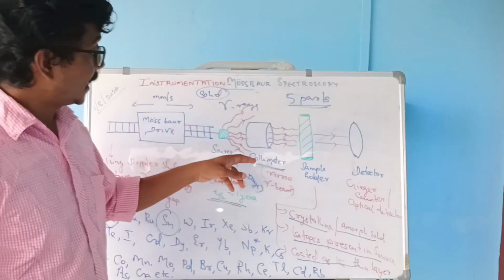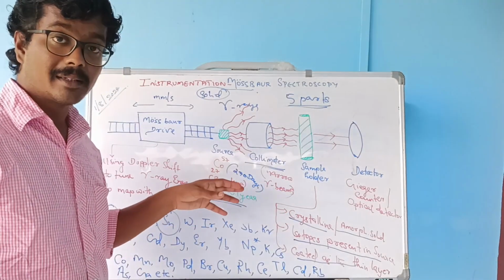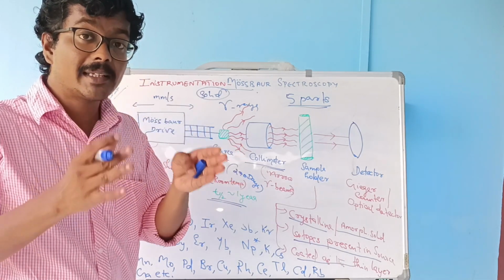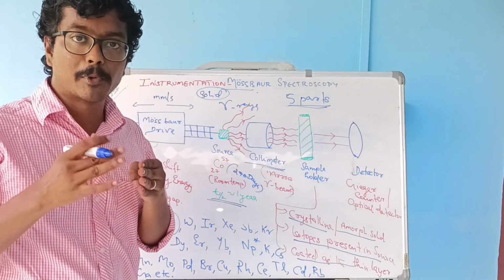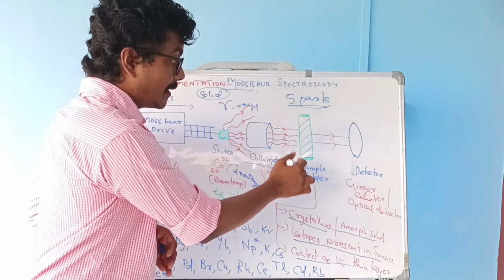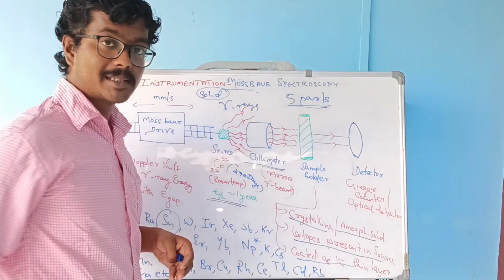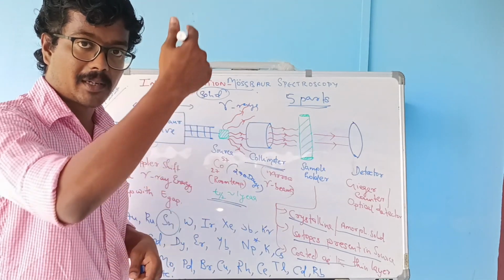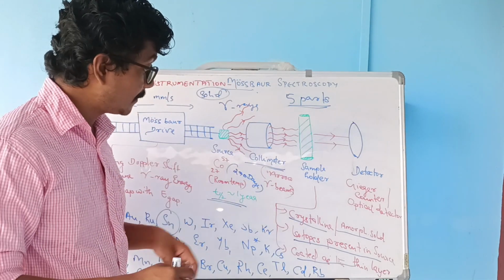And the third one is the collimator. The collimator filters the gamma radiations and produces narrow beams. This narrow beam strikes and is absorbed by the sample. The sample is kept in the sample holder as a thin layer over the surface of the sample holder.